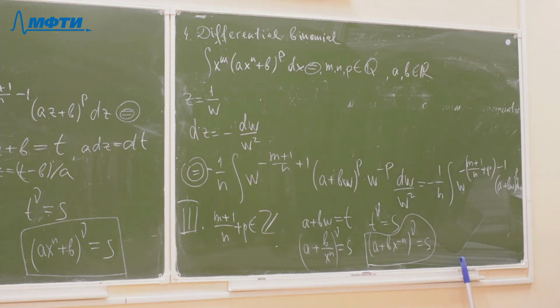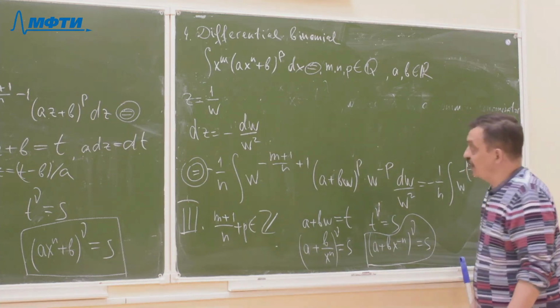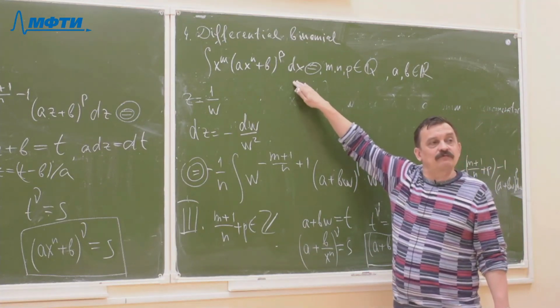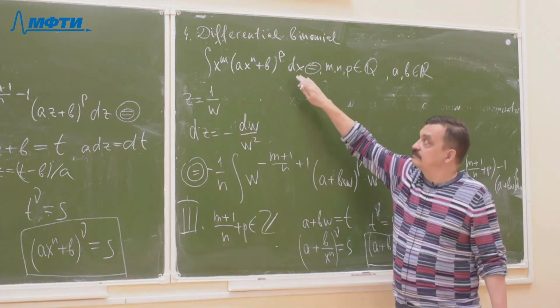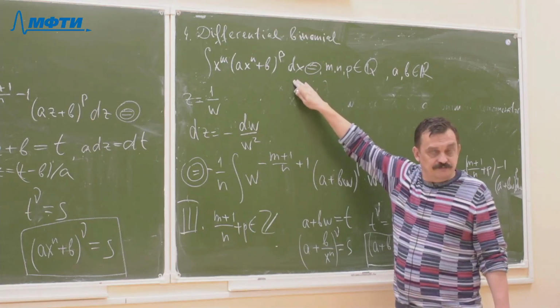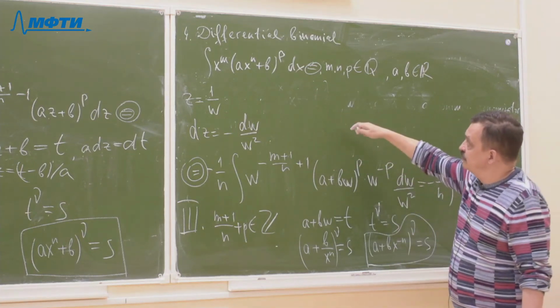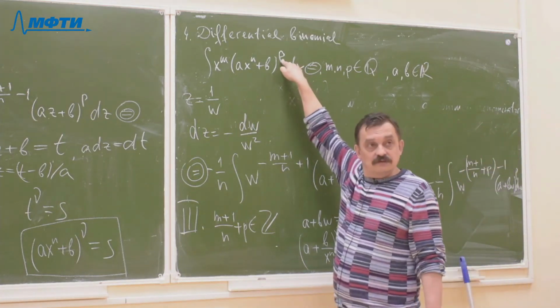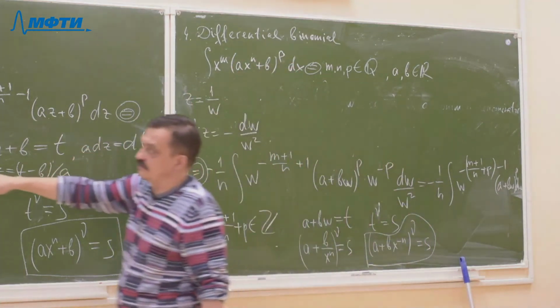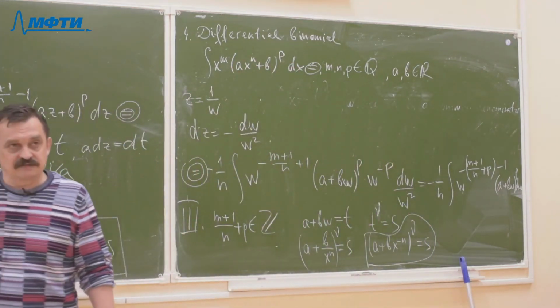So, let me review everything we did up to now. Look, we want to understand when we are able to integrate this expression, right? The first case was when p is an integer. Second case, m plus 1 over n is an integer.